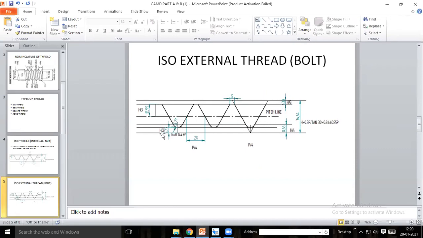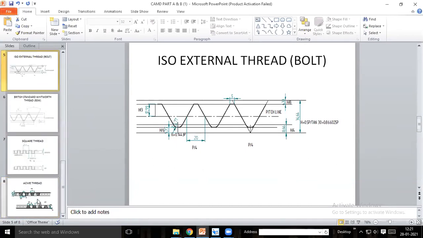This one is flatness. So kindly follow the video of the previous thread class. Once you see the class video, write the assignment.